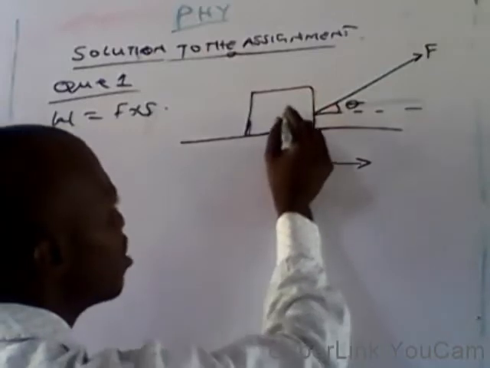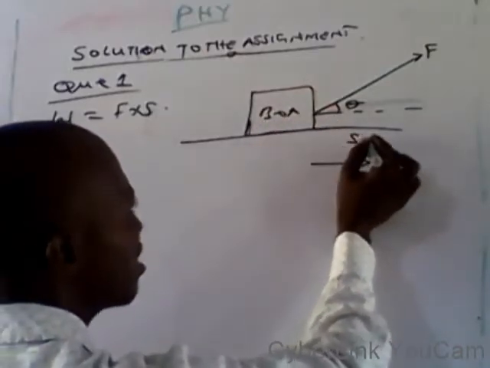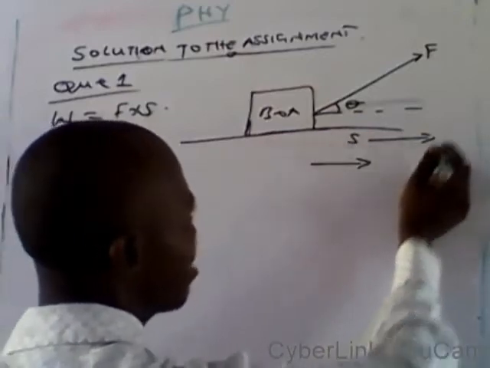So the direction of motion of this box, the direction of s, that is the distance covered, will be in that manner.